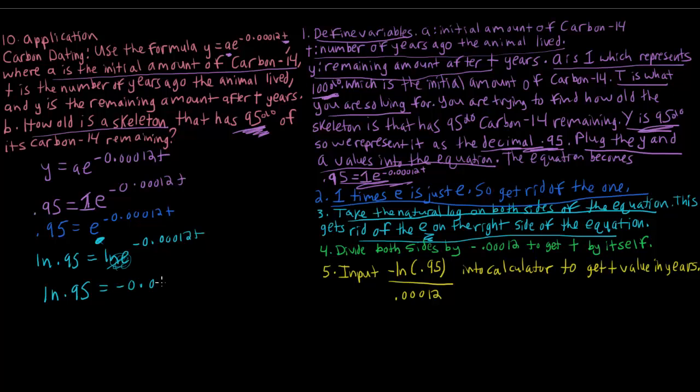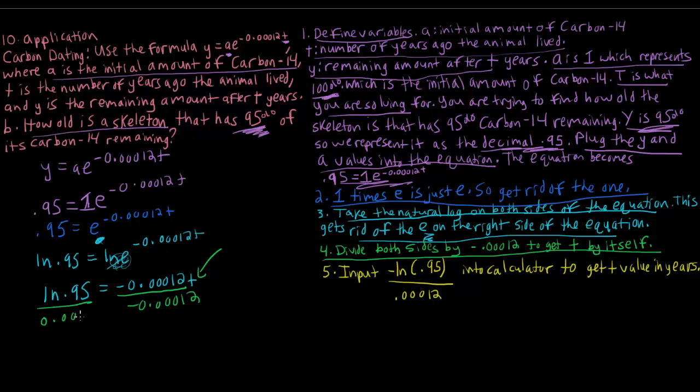0.00012t. And now, as far as simplifying goes, for step 4, we want to divide both sides by this number, by negative 0.00012. And again, we're trying to solve for t, so if we divide by this amount on both sides, then we can go ahead and get t by itself.